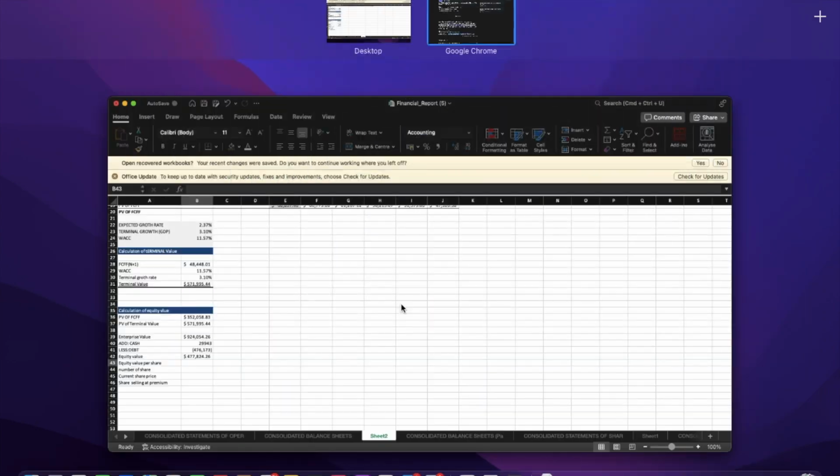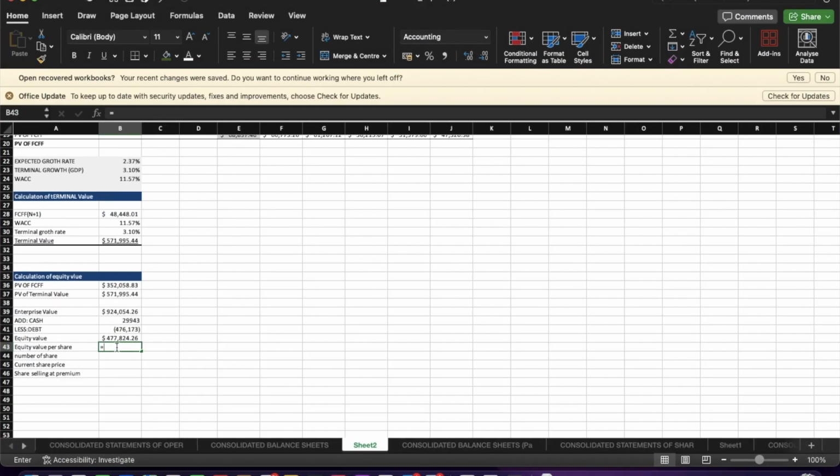Let me get the number of shares first. Okay, so the number of shares would be 1517190, and I have to divide it by a million because everything defined on the balance sheet is in millions. So I have to divide it by the million to get the million number of shares and do my analysis.